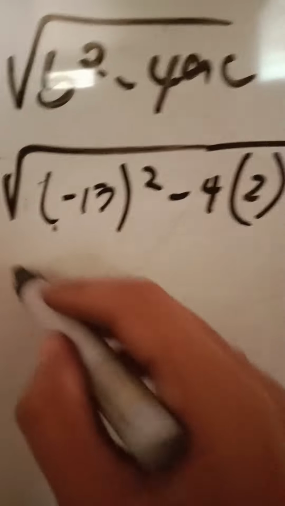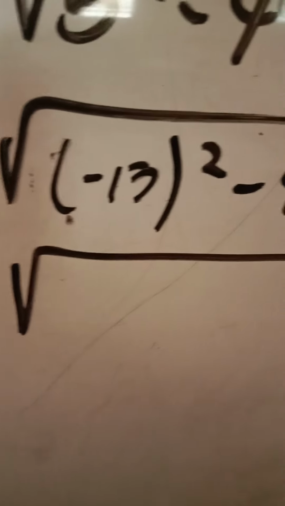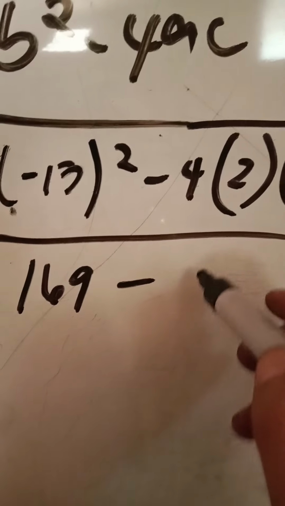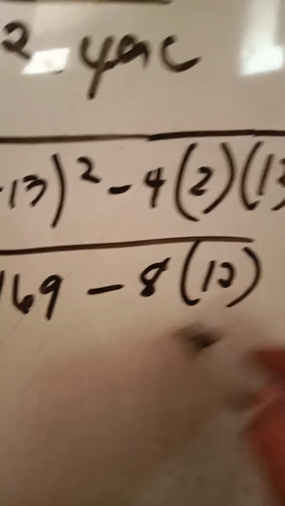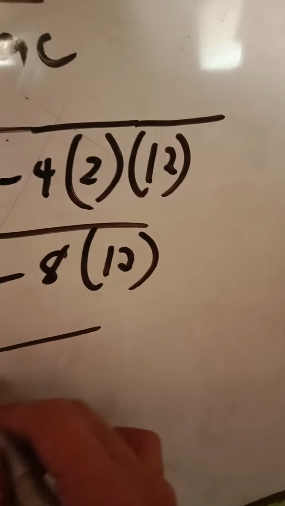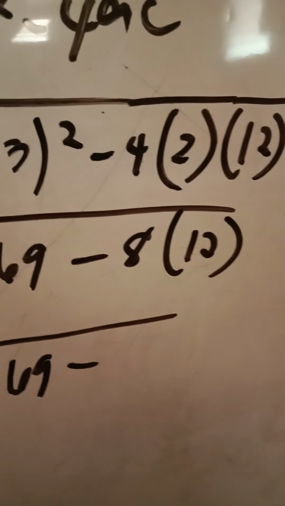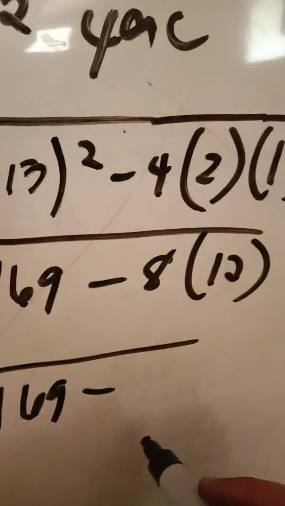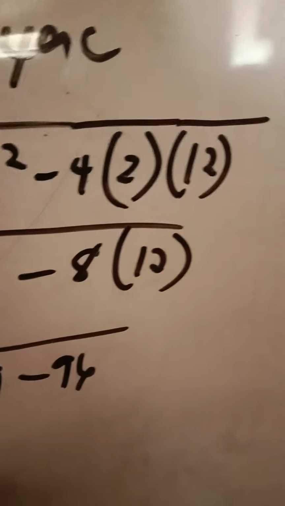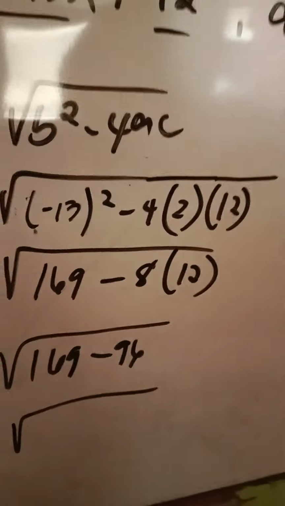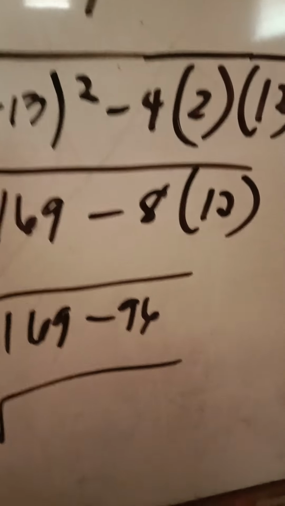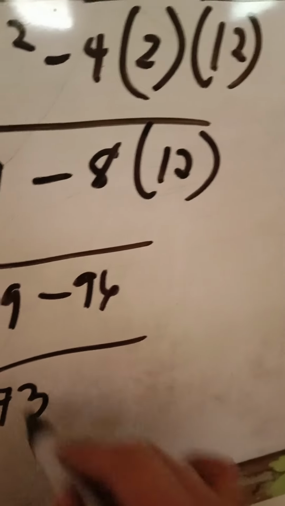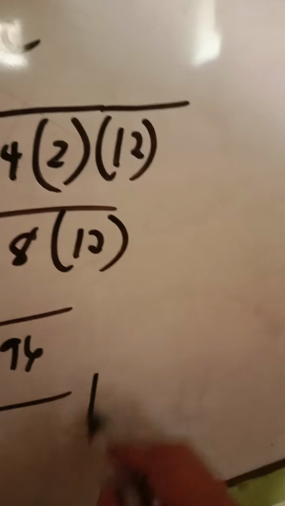Negative 13 squared is positive 169, minus 4 times 2, which is 8, times 12, which is 96. Then the square root of 169 minus 96 is the square root of 73.